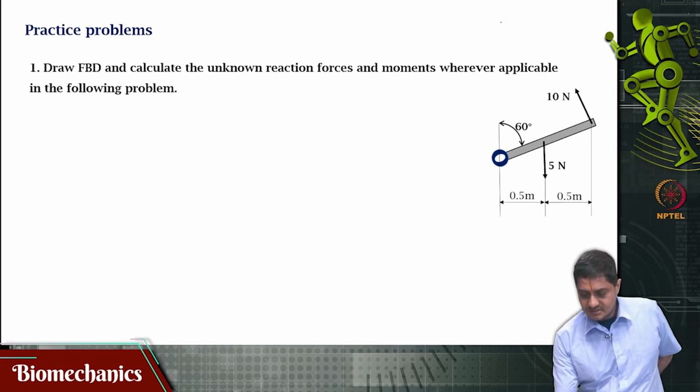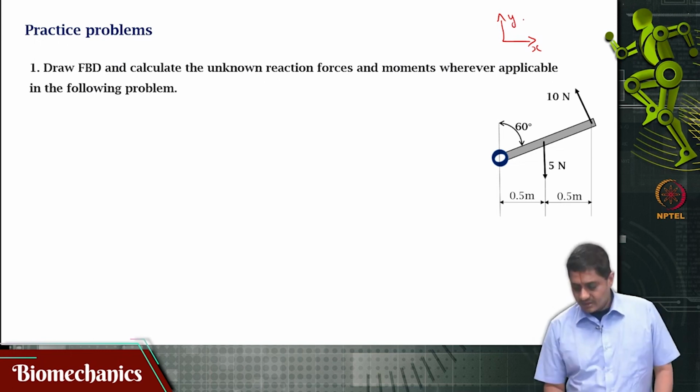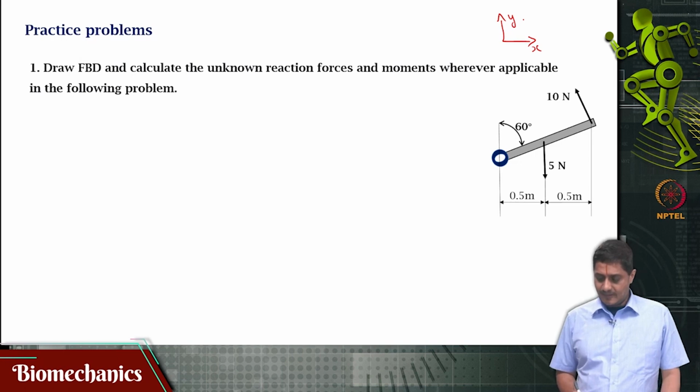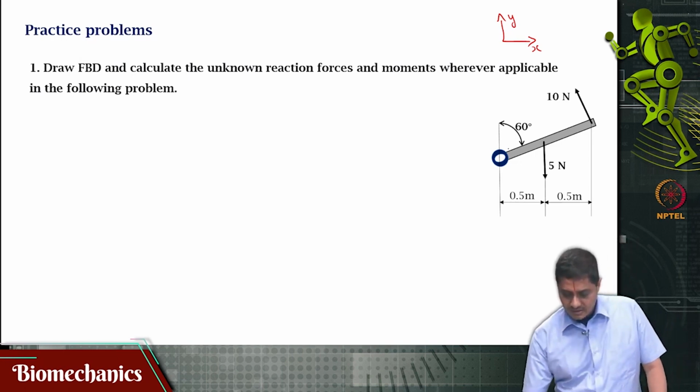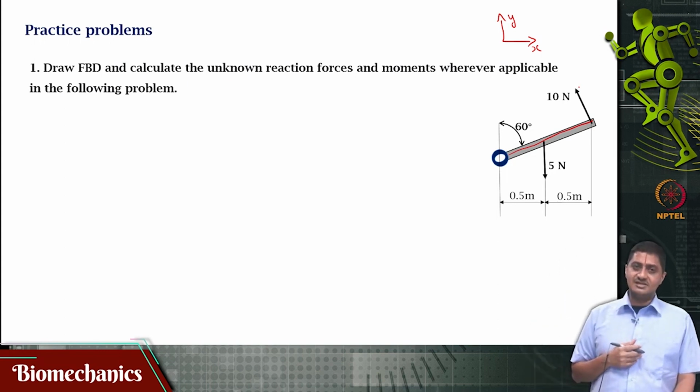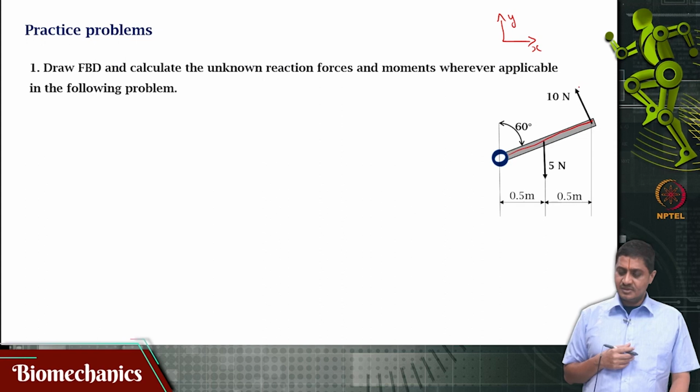Let us consider the xy axis. In the negative y axis, there is a 5 Newton force that is acting. Perpendicular to this beam or this bar, there is a 10 Newton force that is acting, that has a component in both the x direction as well as the y direction. Why is that?